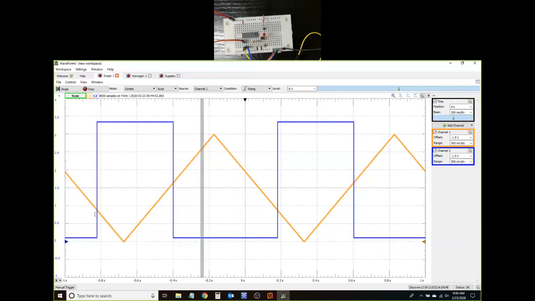So you see this, it's an inverter, so it is going to go high when the input, the orange line, goes below the lower threshold. So that would be your lower threshold right there. And it goes low when the input goes above a different voltage here. So that's going to be your upper voltage here.